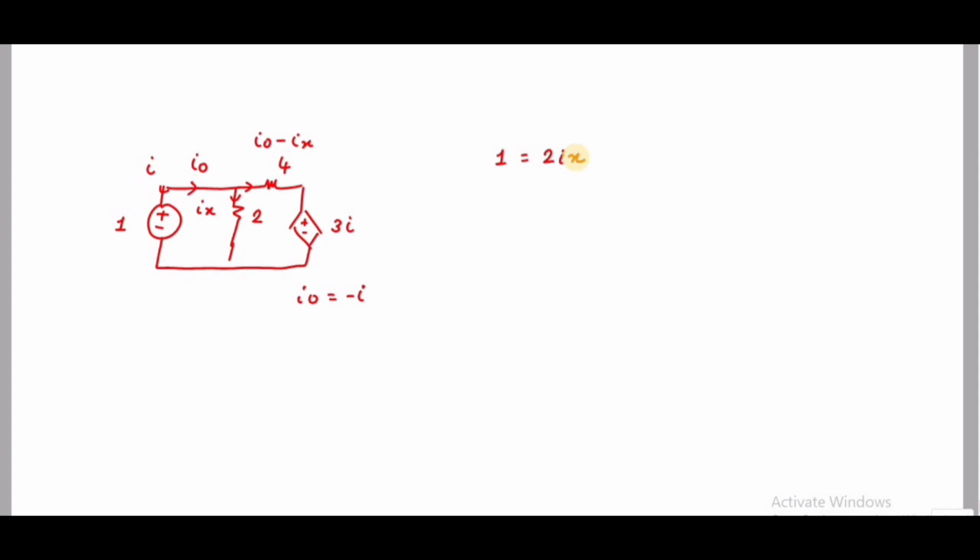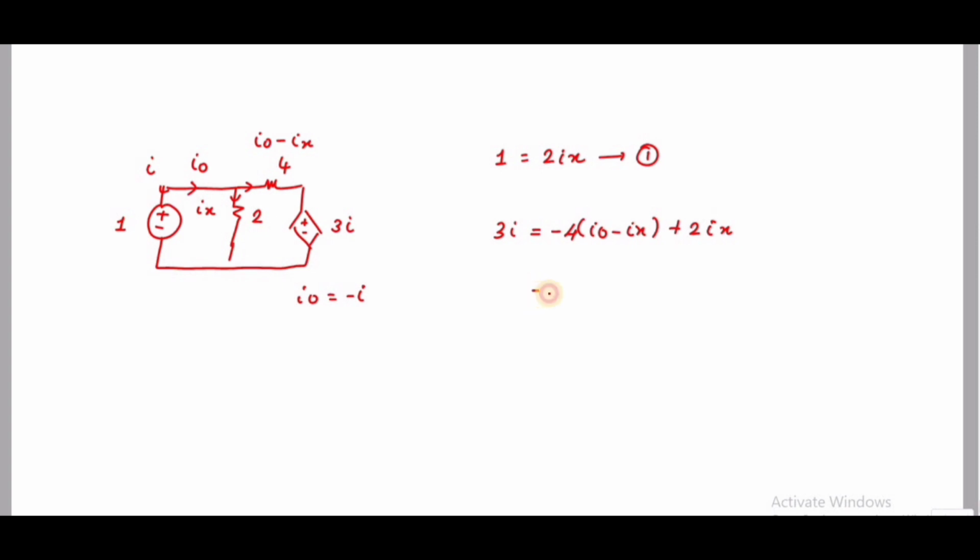So what is Ix? Ix is equal to 0.5. From the second mesh loop, I can write, so this is your first equation. From the second, I can write 3I is equal to minus 4, because it is current in the opposite direction, I naught minus Ix plus 2 into Ix.